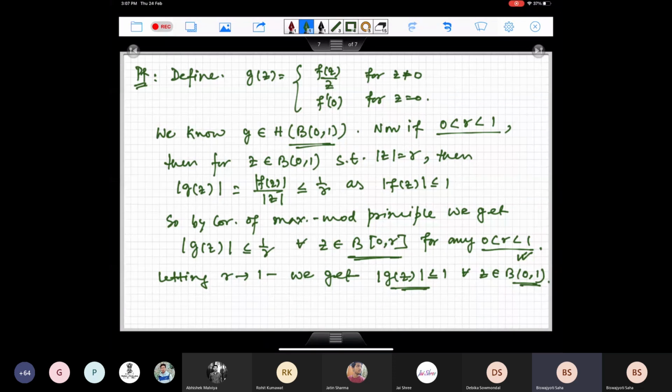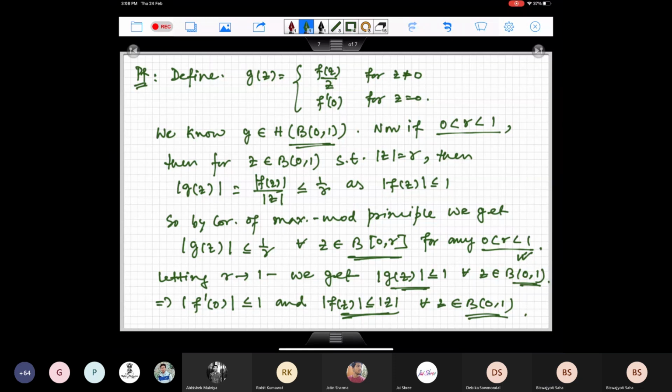So if I apply it at the point 0, g(0) is f'(0), so this implies mod of f'(0) is less than or equal to 1, and at other points the value is f(z)/z, so that implies mod of f(z) is less than or equal to mod z for all z in B(0,1). Is this clear to all of you now?